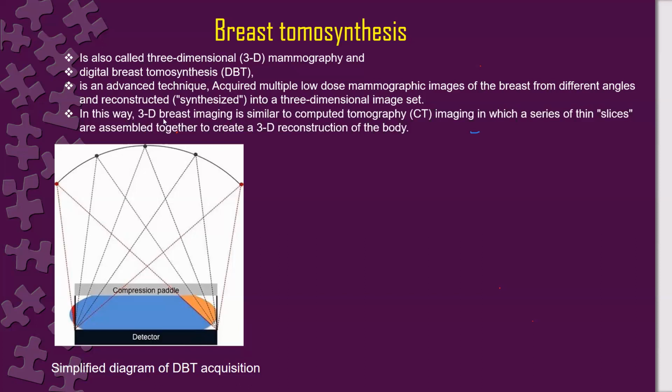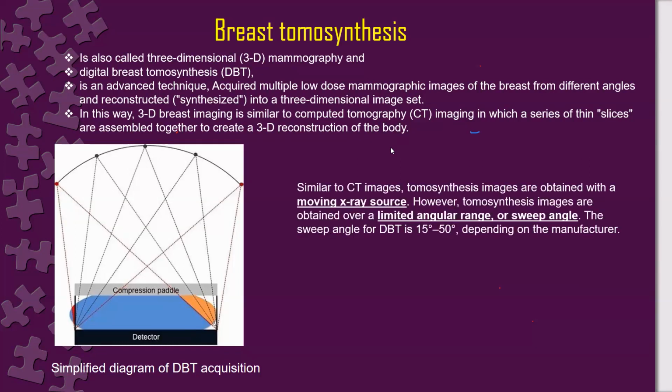This 3D image is similar to CT, in which a series of thin slices are assembled together to create a 3D reconstruction of the body. But the difference from CT is that the sweep angle is smaller.